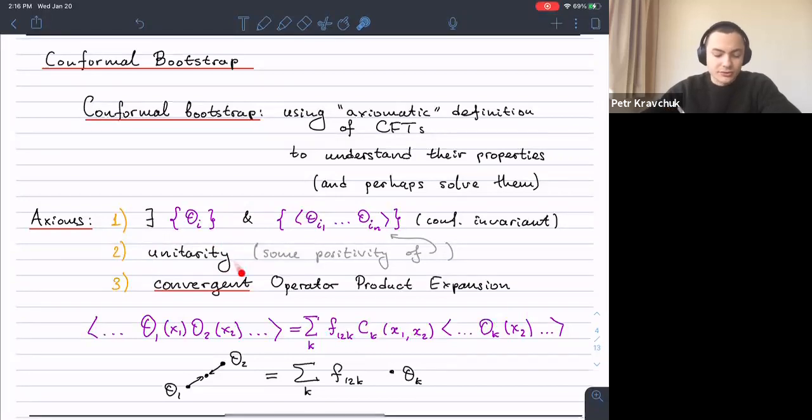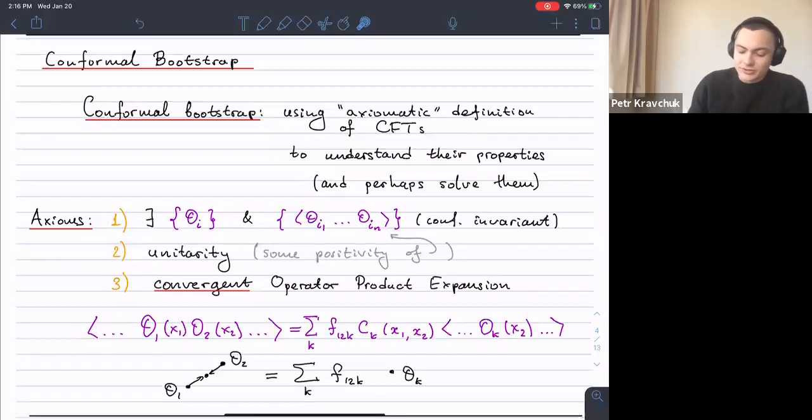Not all statistical systems are described by unitary theories, but all real-time systems are described by unitary theories, and many statistical systems also satisfy unitarity. And in the language of this data, unitarity just means some positivity conditions on the correlation functions. And finally, the strongest axiom is the existence of a convergent operator product expansion, the OPE.